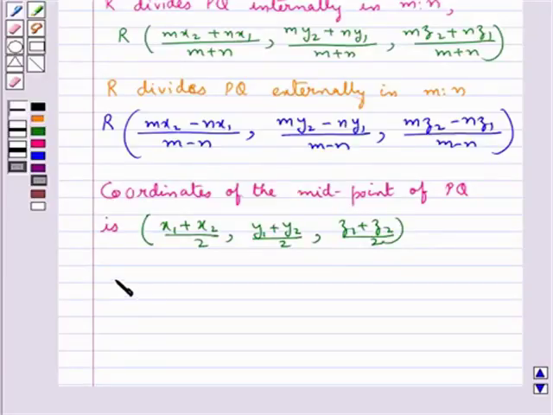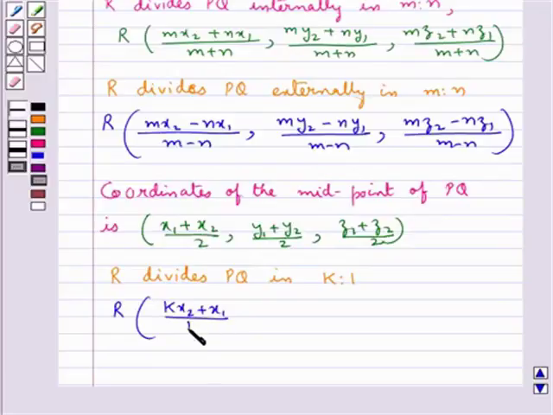If we have that the point R divides the segment PQ in the ratio k:1, then the coordinates of the point R would be given by kx2 plus x1 by k plus 1, then ky2 plus y1 by k plus 1, then kz2 plus z1 by k plus 1.